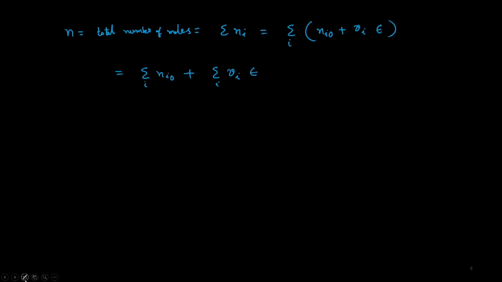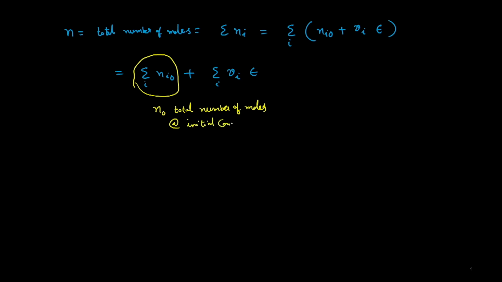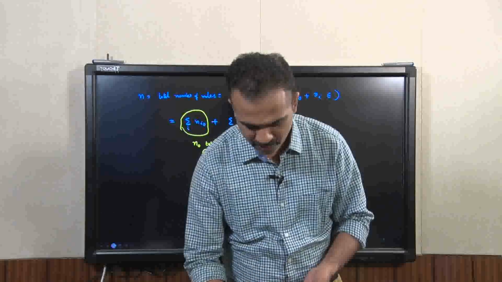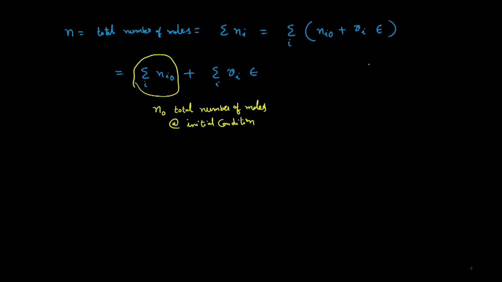And because we are summing it over all the species I, let's call this quantity N naught, which is the total number of moles at initial condition. And notice that the second term is sigma nu I times epsilon. We can do a little bit of manipulation to this term.